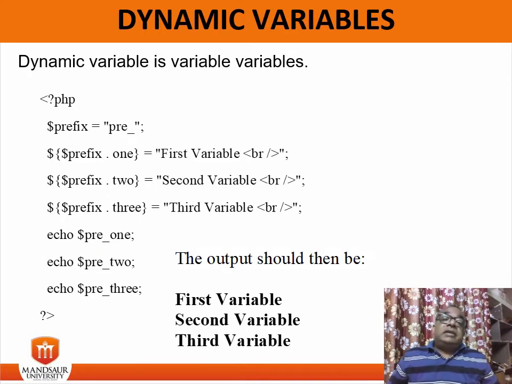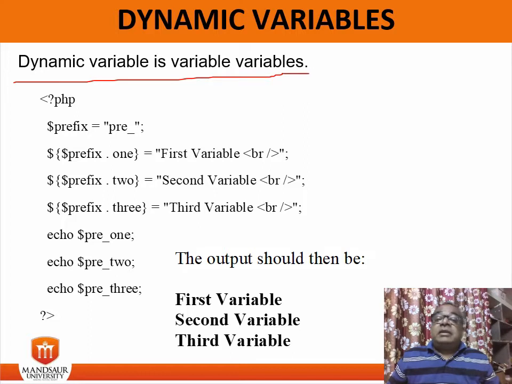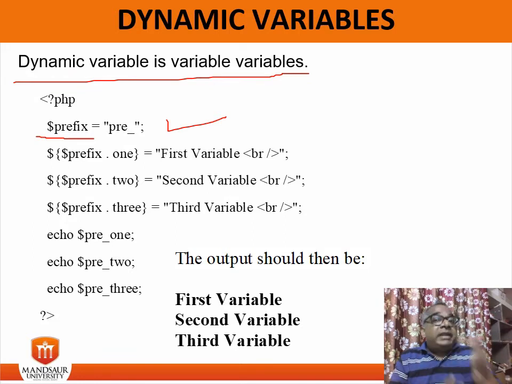This is a dynamic variable, a variable variable. Here we have a variable prefix, and the value is pre underscore. We are adding the prefix to a collection of variables in order to use a variable in the variable name declaration.